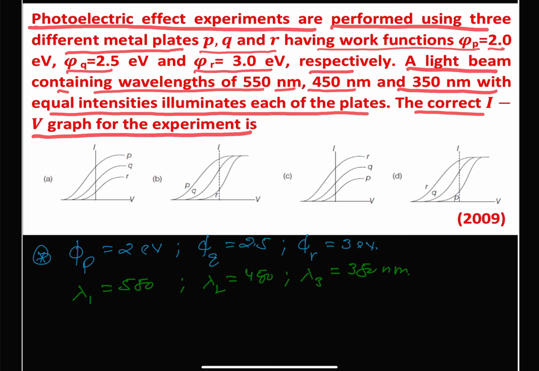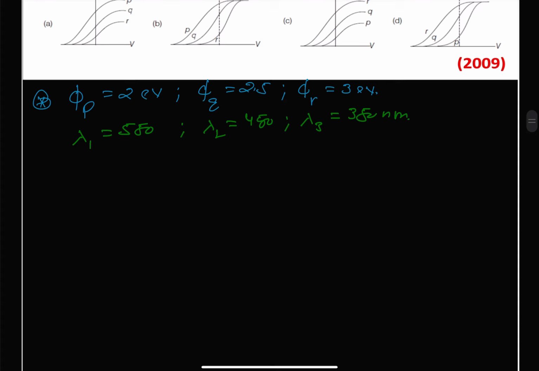So first of all, we are going to find out the energy of each photon. So our E1 will be equal to the product hc, which is 1240, so we can write this as 1240 upon 550, and this comes as approximately 2.25 electron volt.